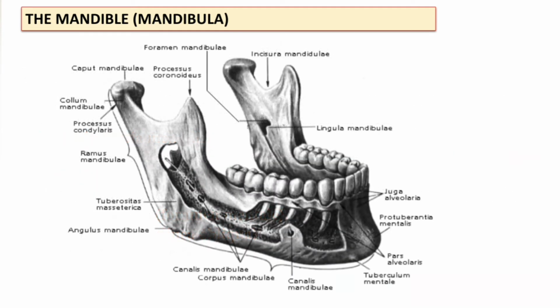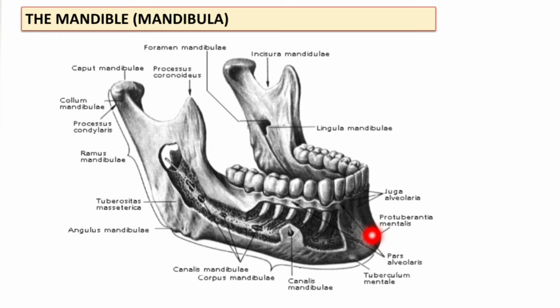Okay, so let me show you these things. Firstly, symphysis menti. Symphysis menti is not labeled here, but it's here in the midline. That's where it will be located. And then next there is the protuberance. So it's what? Protuberantia mentalis here, the mental protuberance.